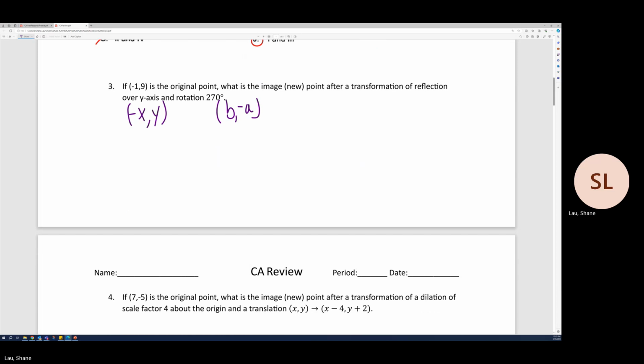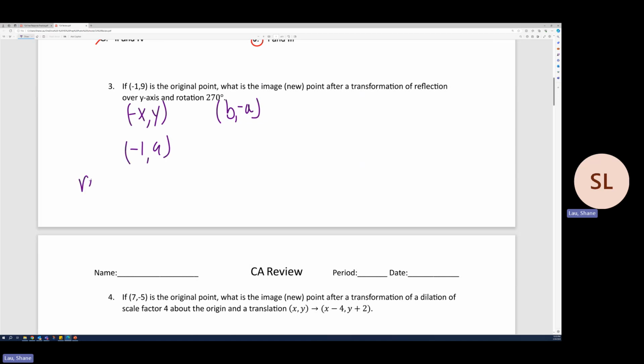Okay. And so we have our original point. Always go in the order that it tells you to do. So we have a reflection and then we have a rotation, not the other way around, because it does matter. And so if we get this, we should have -1, 9 as our first point, again, our original.